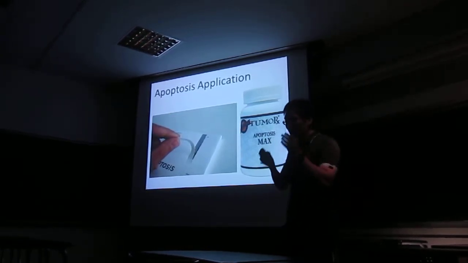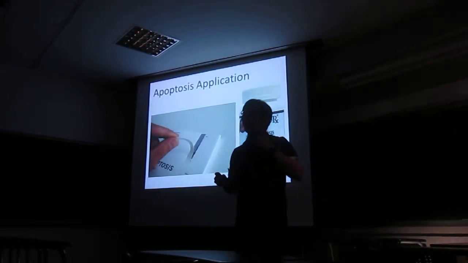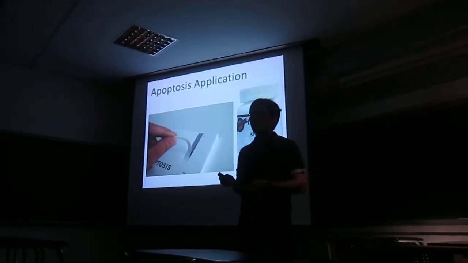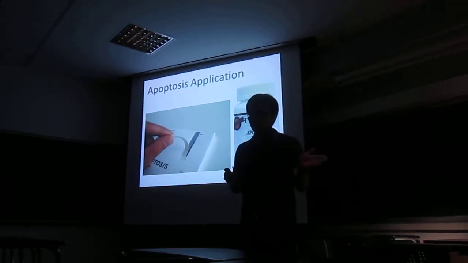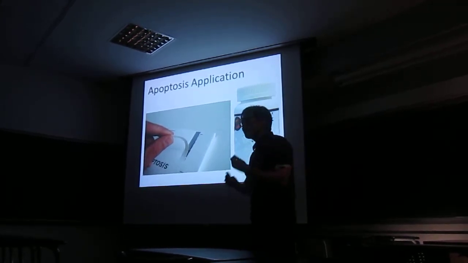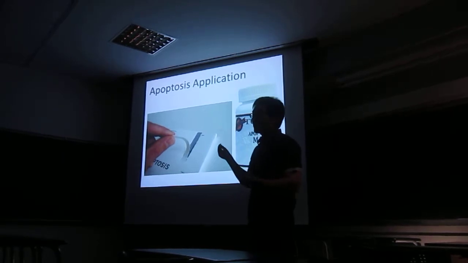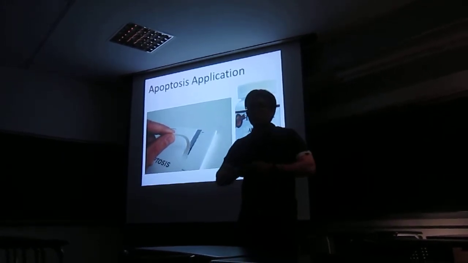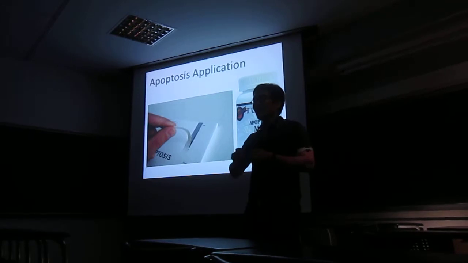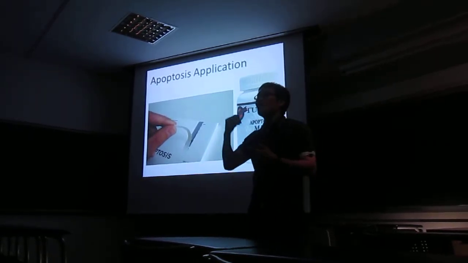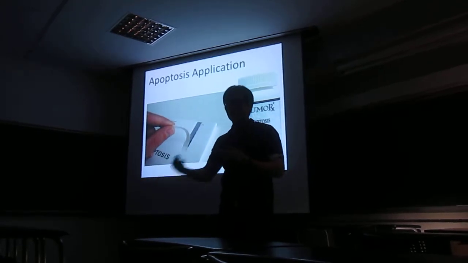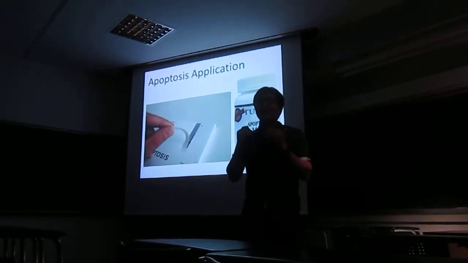Let's think about the opposite of apoptosis. Apoptosis is cell death, right? Cell suicide. The opposite of cell suicide is cell living, or in more severe words, cells continuously going through the mitotic process. That means what we usually call cancer.